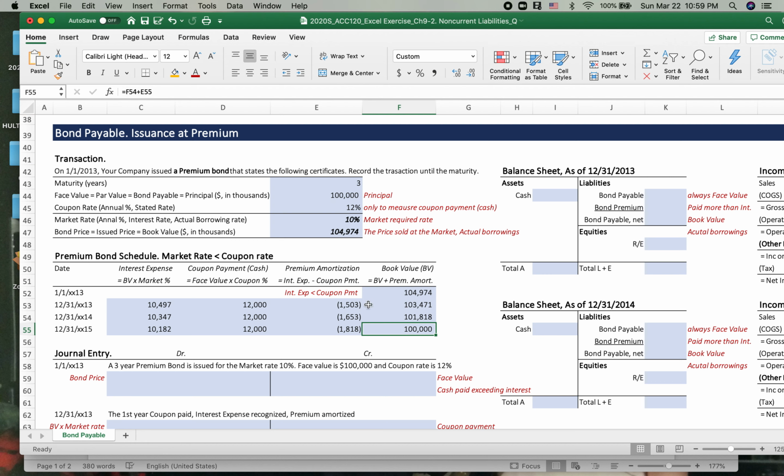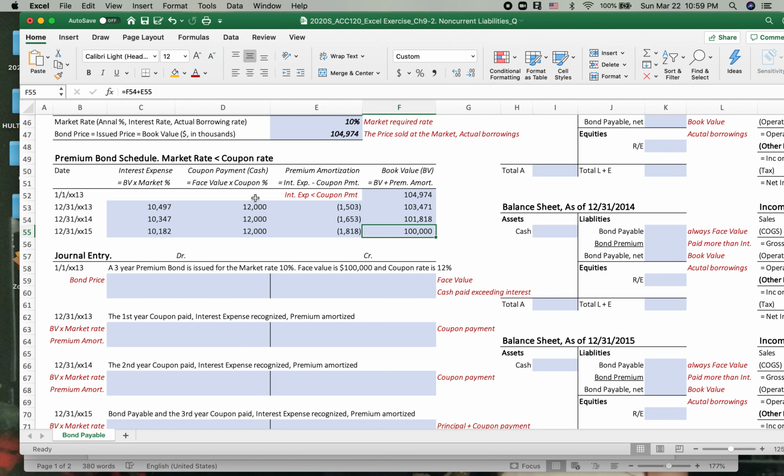Again, this schedule explains the actual borrowing when the company issued the bond: 104,974 with the premium, but this premium was not actual interest. It should be reduced so that the company pays back $100,000, the principal amount, at maturity.